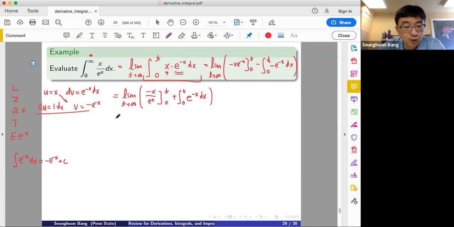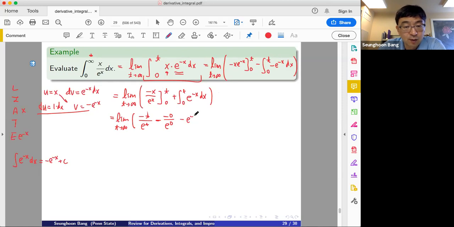This is the same as the limit as t approaches infinity. You can plug t into here, negative t over e to the t minus negative 0 over e to the 0. What's the integral of e to the minus x?